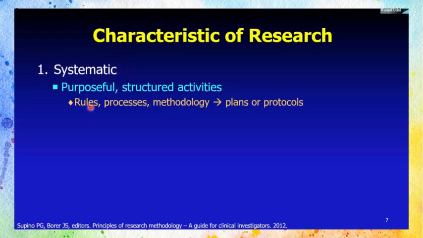A research has to be performed purposefully through structured activities. So there are rules that we need to proceed, we need to follow. The processes must be systematic and structured.